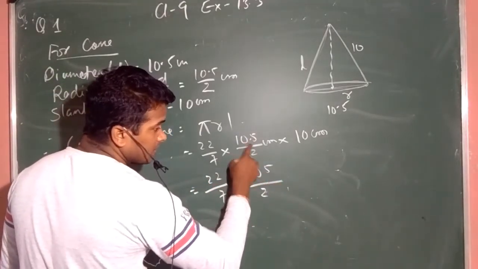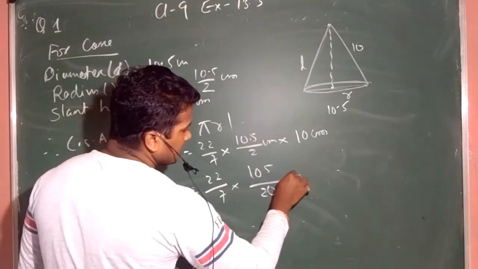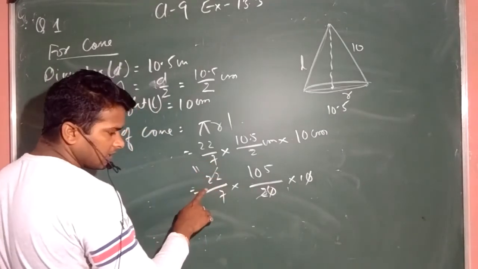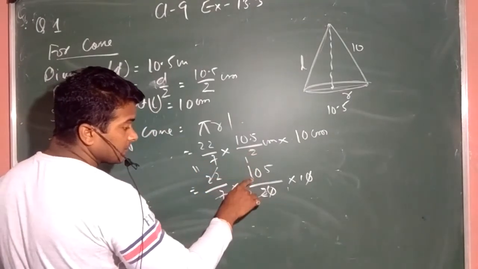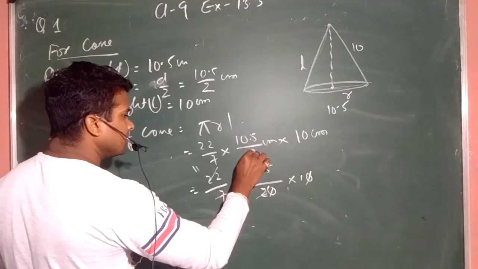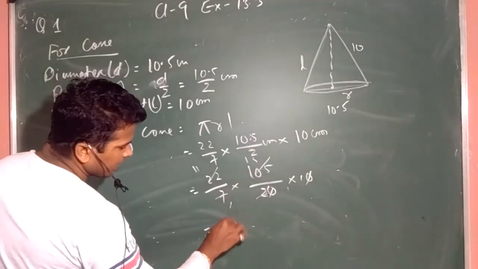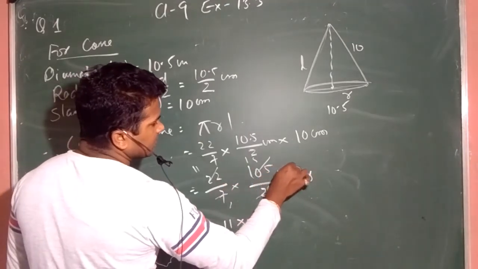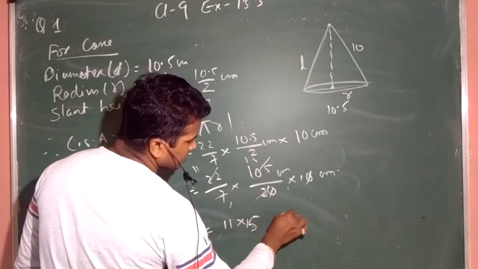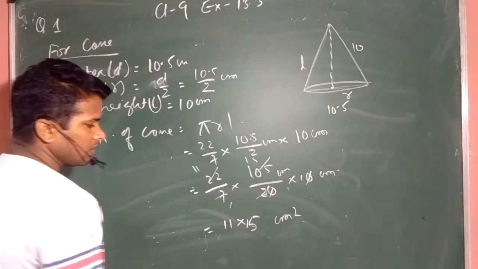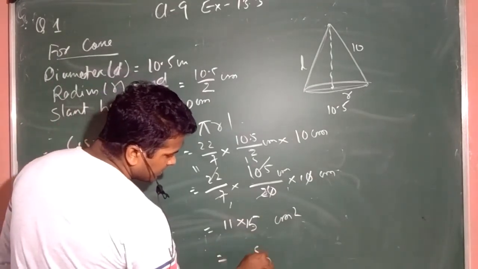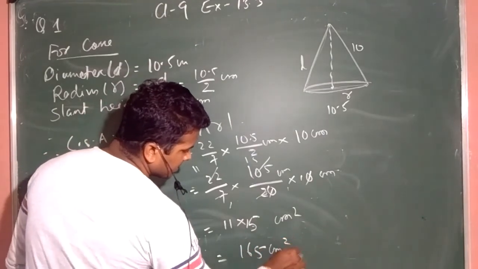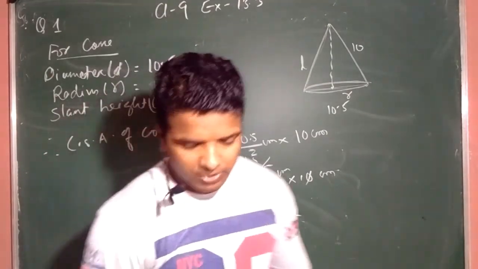After one digit point here, we bring the 10 down into 10. The zeros cancel. 2 ones are 2, 2 ones are 2. Again, 7 ones are 7. 10 minus 7 is 3, 35. 7 fives are 35. So we have 11 into 15. Here centimeter, here also centimeter, so centimeter square. We multiply: 11 into 15 is 165 centimeter square. This is the solution for question number 1.